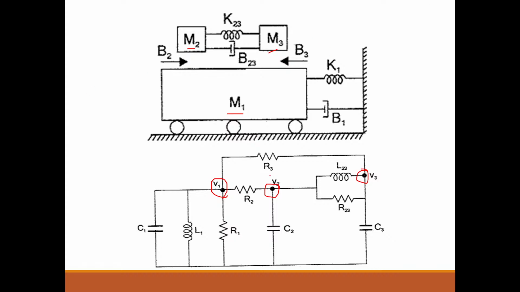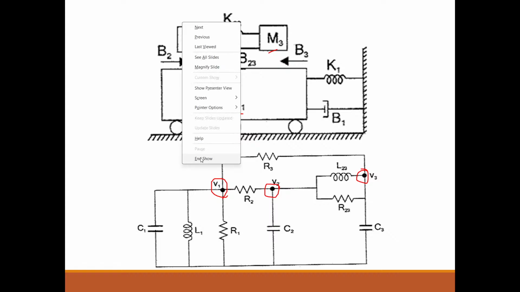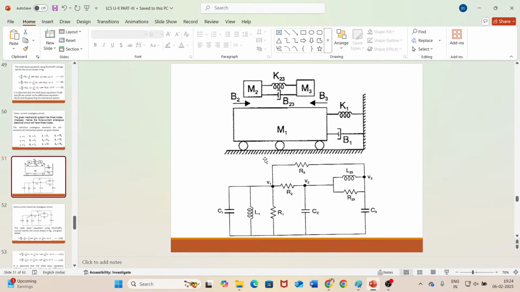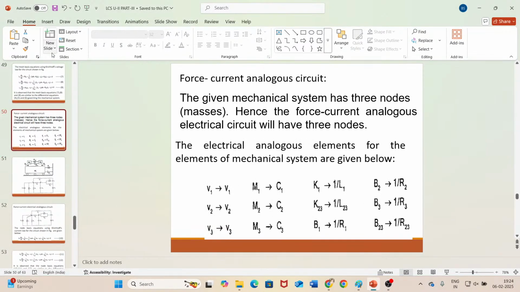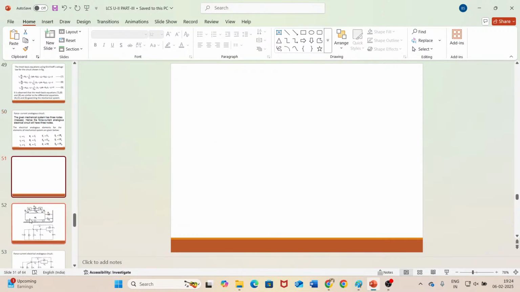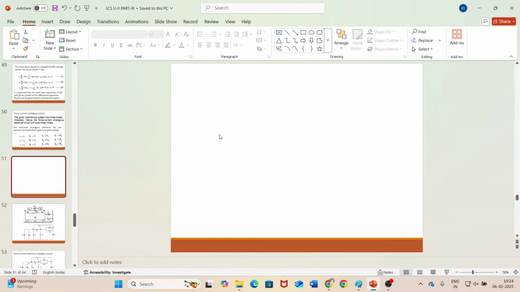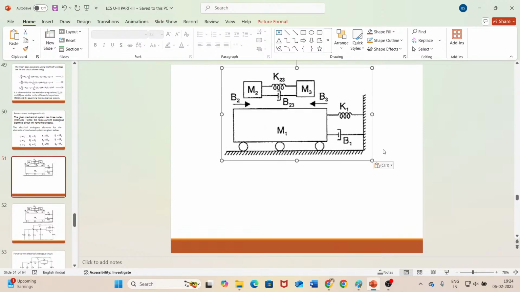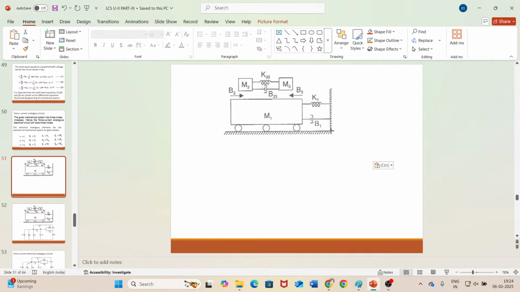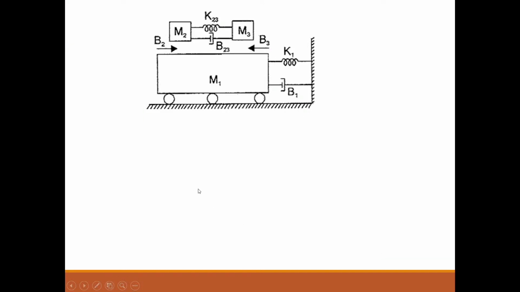So, instead of showing you, if I can draw it, so let me see. I will take a blank page. This is our mechanical system. So we have to design the force current analogous circuit for this system.